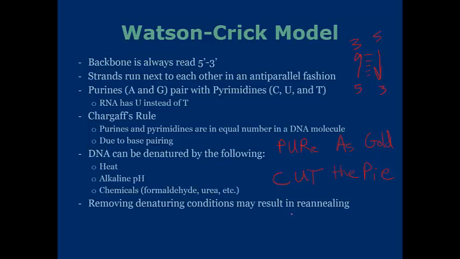So what do these mean? Well, purines are adenine and guanine, pure as gold, and C, U, T are listed as, obviously, pyrimidines, cut the pie.